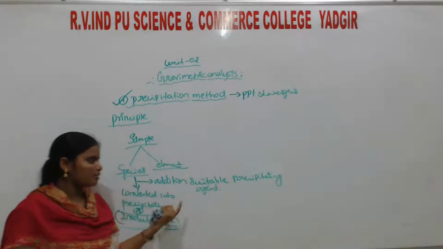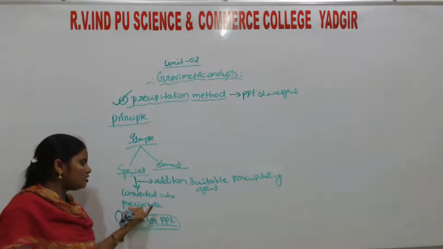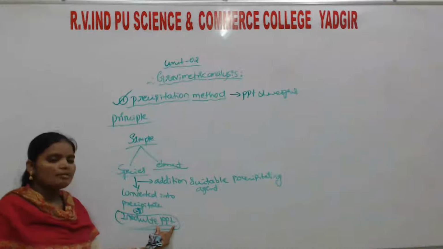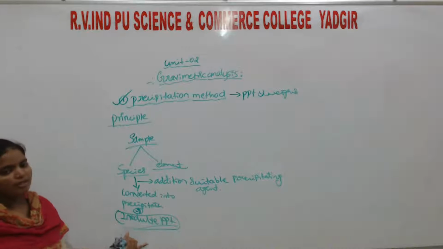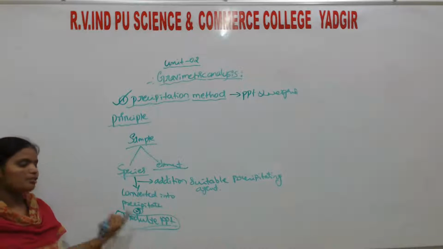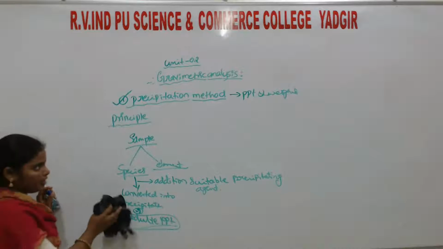You know the composition of the precipitate. Afterwards, you dry and weigh this precipitate and calculate the quantity. This is the principle. Next, I will take some examples for this precipitation method.